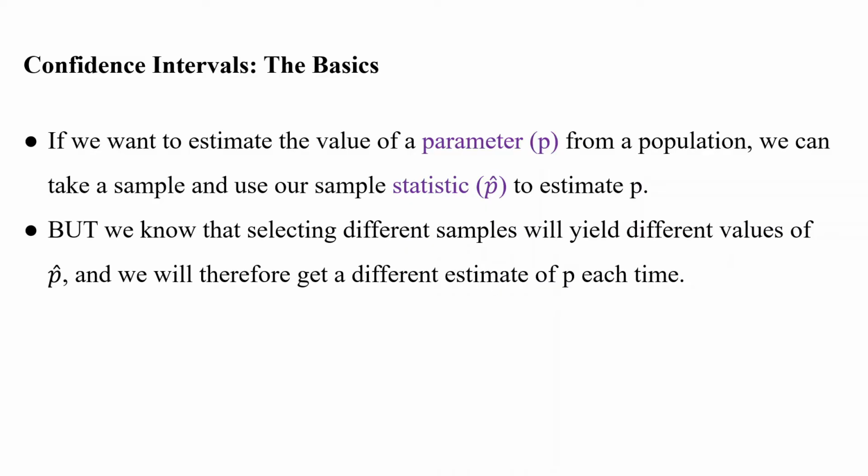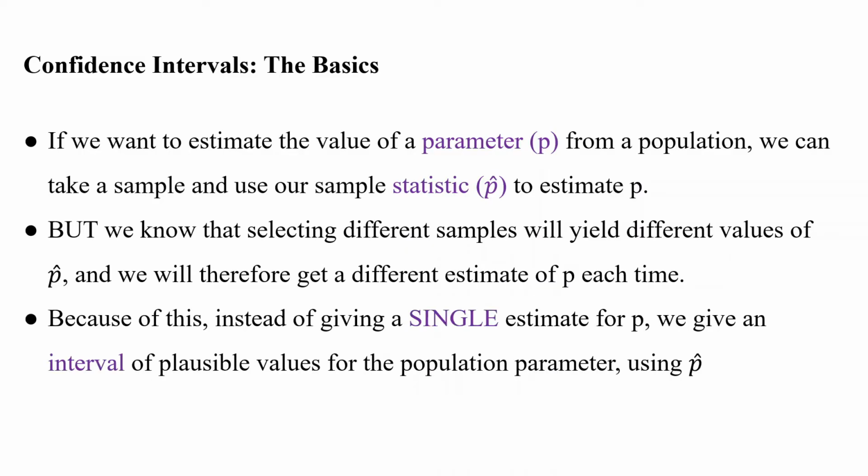So what we want to do is have a reliable estimate for our population parameter. A lot of the times, just a single estimate isn't going to be as reliable as, let's say, an interval of estimates. And that's where a confidence interval comes in.